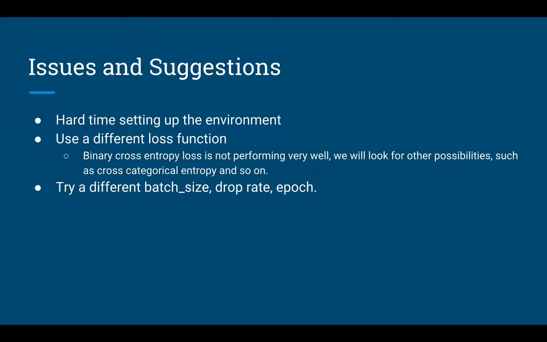And lastly, in order to show that our model really trains well, we will probably have to make some adjustments such as changing the batch size, the drop rate, and epochs to see under what circumstances our model gives the best results. So hopefully we'll be improving based on those suggestions that we mentioned. Thank you so much for listening.